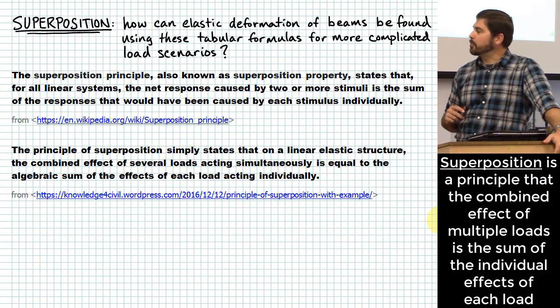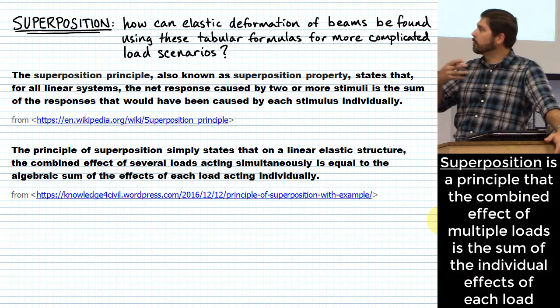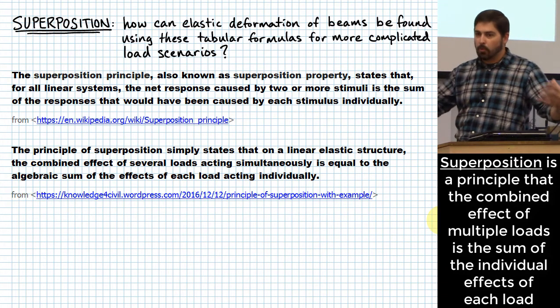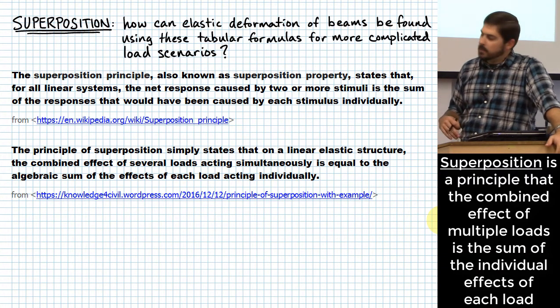And that's why I provided two of these definitions for what superposition means, okay? Notice up there it says, how can this elastic deformation of beams be found using these tabular formulas we just looked at for more complicated load scenarios? In other words, if you've got more than one of those cases at the same time, okay?